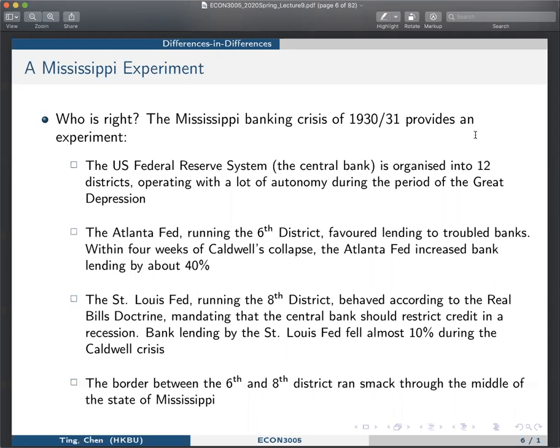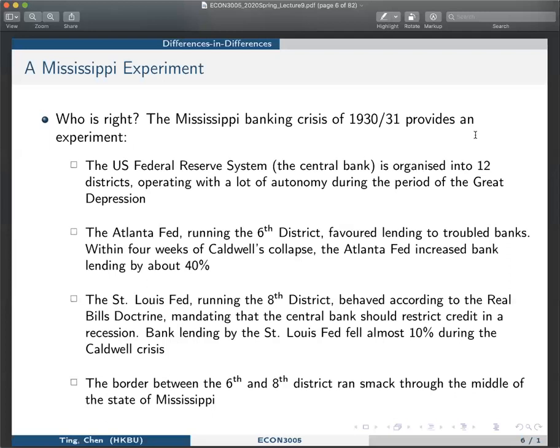Why another district, another subdivision of the Federal Reserve, the St. Louis Fed, which ran the 8th district, behaved according to the Bagehot-like doctrine. That's the doctrine consistent with the second view, maintaining that central banks should not do anything, even that they should withdraw money from the banking system in the crisis, mandating that the central bank should restrict credit in the recession.